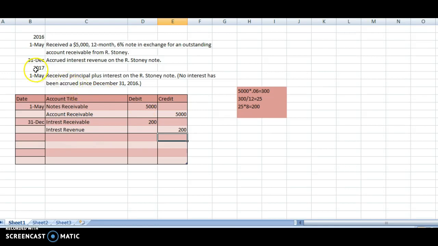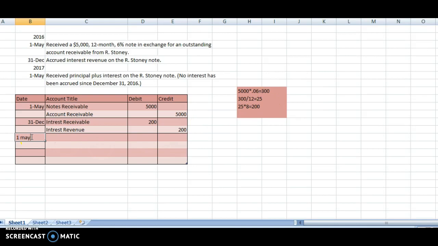And now, in 2017, on May 1st, we received the principal plus interest on the R. Stoney note. No interest has been accrued since December 31st, meaning we haven't accounted for any interest. Doesn't mean that we won't receive the interest, because we will receive the $300 total at the end.